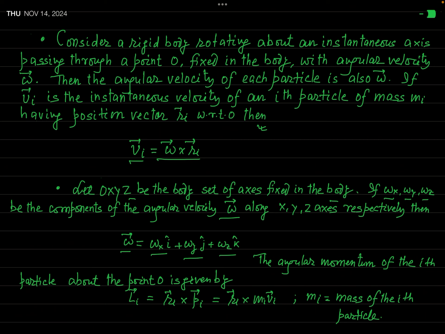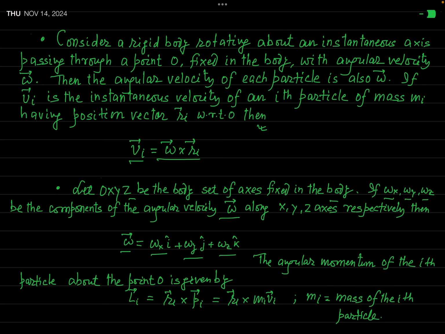So let us now define the angular momentum of the ith particle. Angular momentum is simply the moment of momentum, which means the moment of linear momentum. L equals R cross P. This is a well-known formula of classical mechanics for angular momentum.